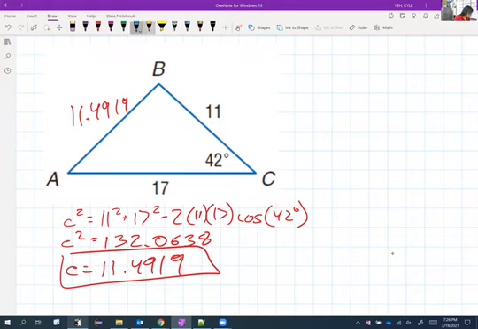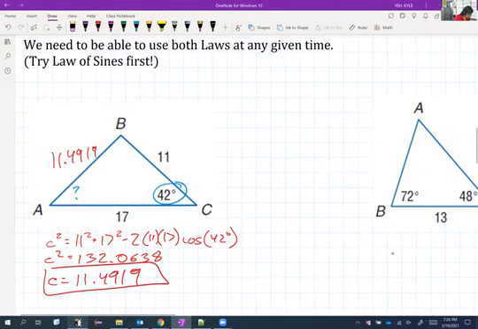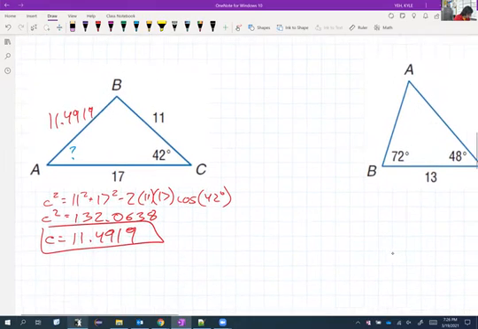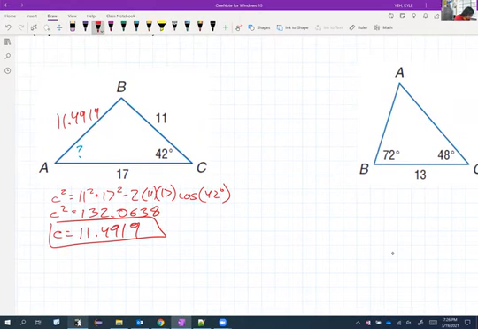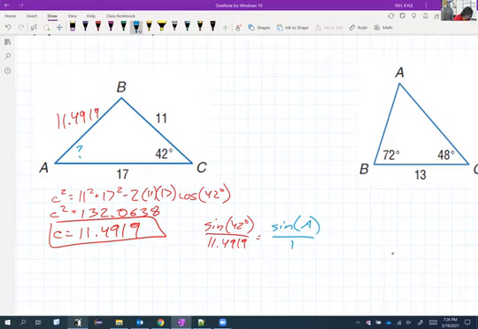I think I'm going to use law of sines now to solve for angle A. I'm going to guess it's a little bit smaller than 42 degrees because 11 is a little bit smaller than 11.49. So I'm going to come down here and say sine of 42 degrees over 11.4919 is equal to sine of A over 11, right?